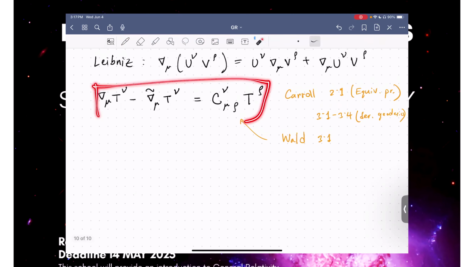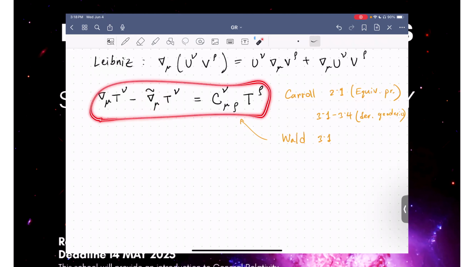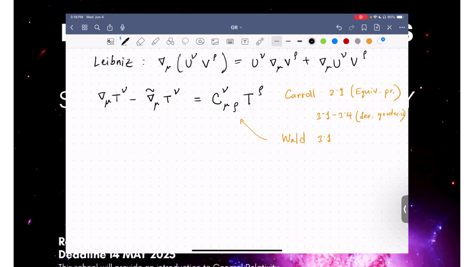So a very nice consequence of this property is that we can always take our partial derivative operator as a reference derivative operator, because this is true for any derivatives. They do not have to be covariant. So this allows us to compare the covariant derivative of a tensor with the partial derivative of the tensor. And then we know that there will be something like this, and then the tensor itself.